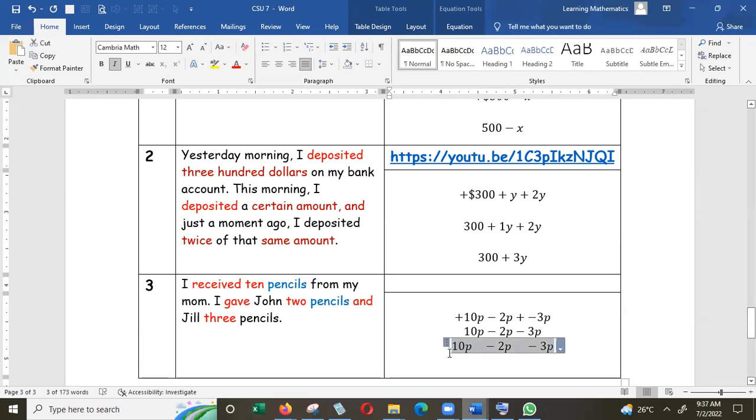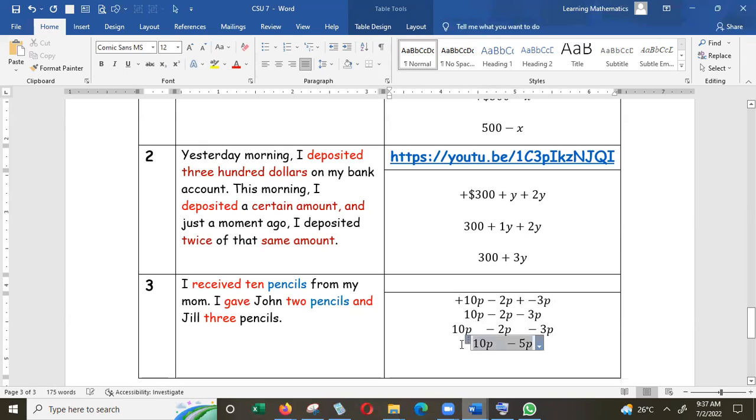Bear in mind, you should be pausing and writing as you are watching the video. So you took away 5 pencils in all. This can be simplified to the taking away of 5 pencils. If you took 5 pencils from 10 pencils, you are left with 5 pencils.